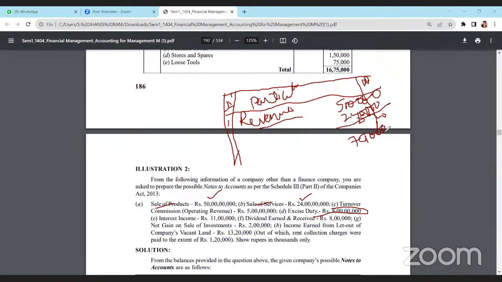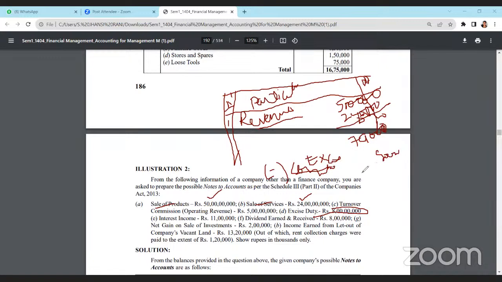From this, we will deduct the excise duty. The simple thing is you have to memorize the format. Less excise duty, which is nothing but an expenditure for the sales purpose, is 80,000.